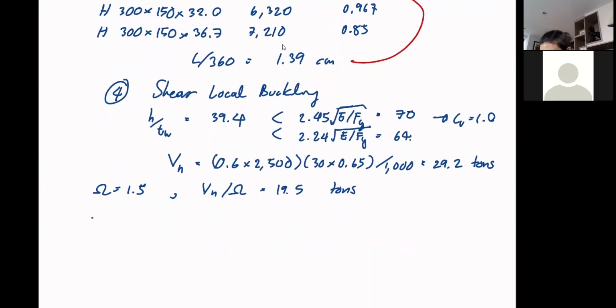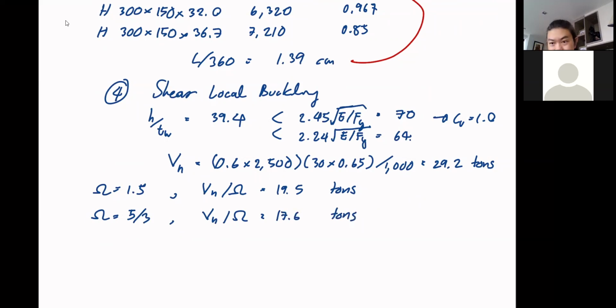For this, if you are conservative, this is going to be about 17.6 tons. Now you've come this far, you realize one thing.